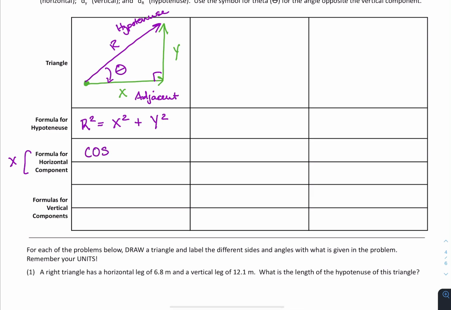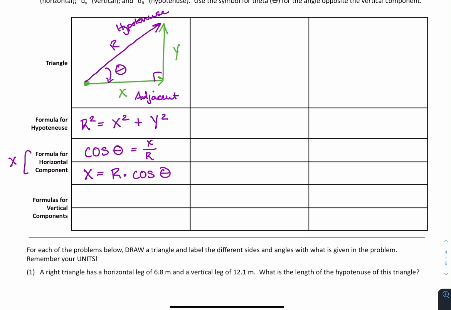So the cosine of theta is equal to x divided by r in this case. We don't often use the formula in this way. Usually we're trying to solve for x. So if I rearrange, x is going to be equal to r times the cosine of our angle.